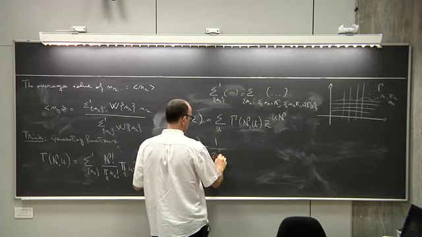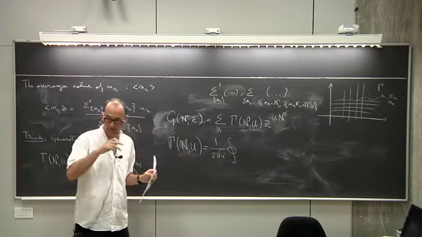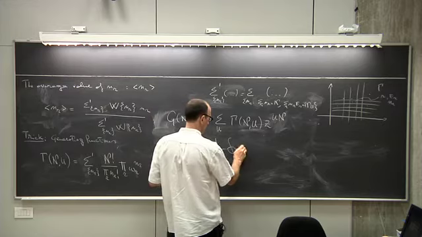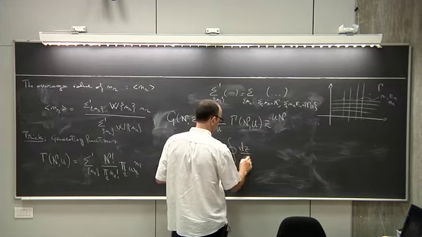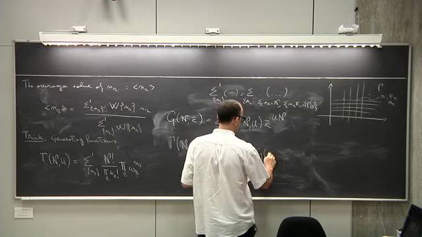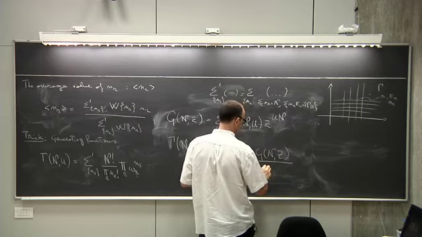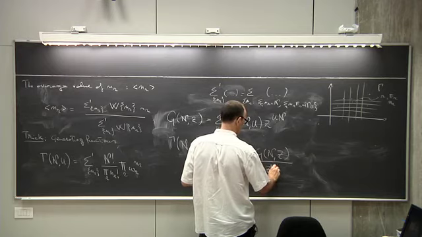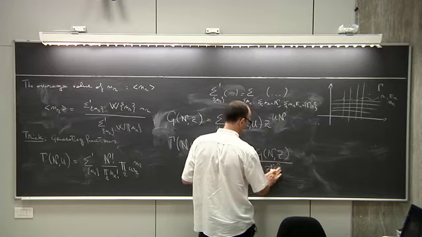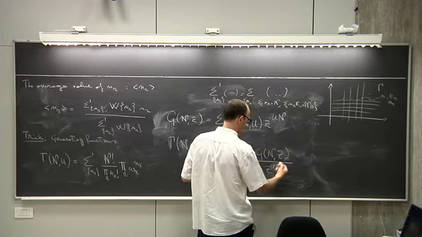which is 1 over 2 pi i, then an integral on the complex plane which encloses the origin of g of n and z, divided by z to the u times n.